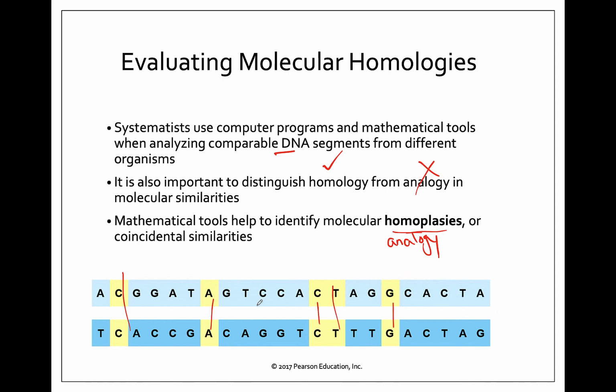All of the blue parts don't match up. And so this sequence here, these 5 points that match up, are a coincidence. Because there's only 4 letters, they're bound to kind of match up at some point. So we use statistical tools to help us determine if the percentage of matching is actually due to being related or just random chance, coincidence.